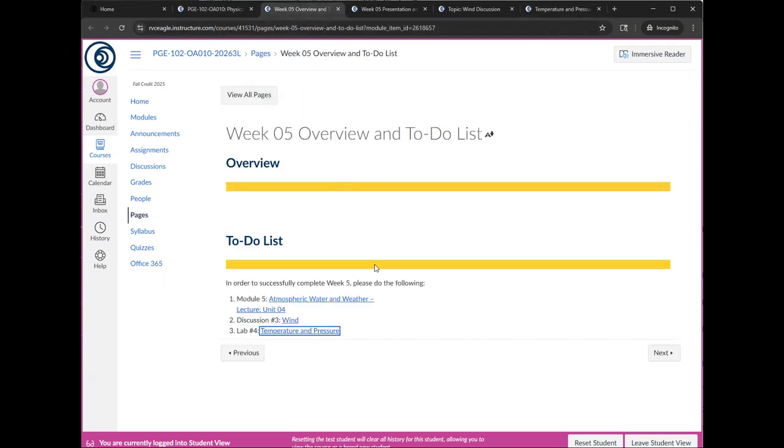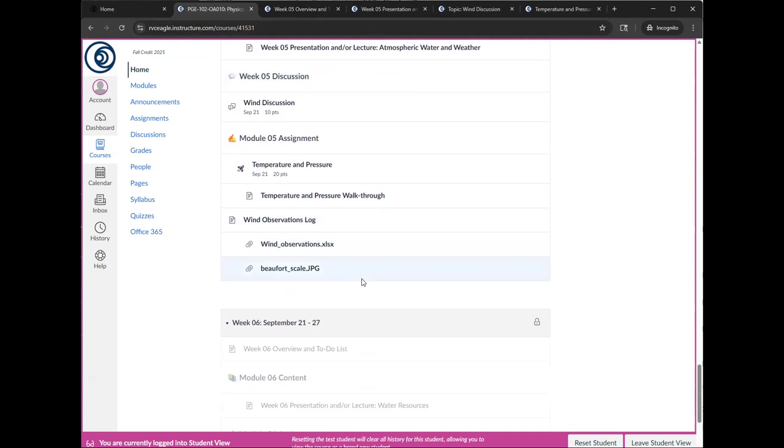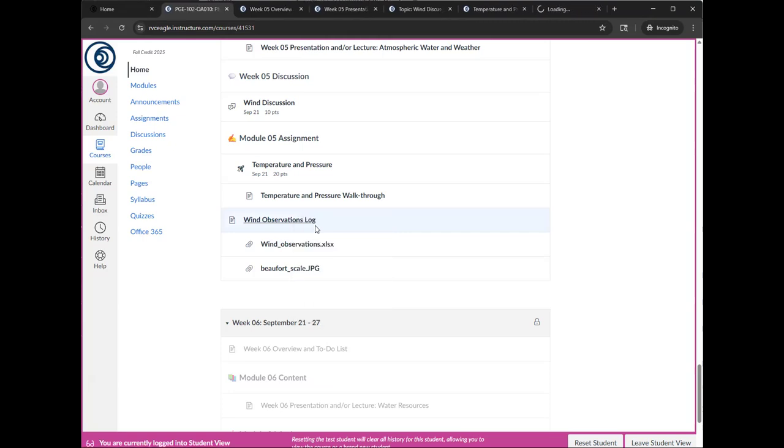Now, what I do want to point out is there is something else that you should see here in the module. It is your wind observation log. This is going to be needed for your lab next week, for your wind lab. This is a chance to work with our Beaufort scales. Let's go into our wind observation log thing here.